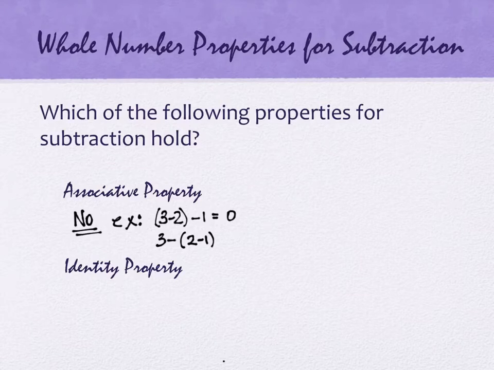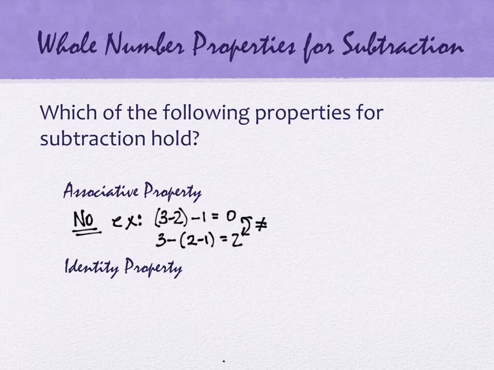On the second one, what's 2 minus 1? 1, and then I have 3 minus that 1 to give me a 2. They're both whole numbers on this one example, right? But they're not equal. And that's what they would have to be in order for the associative property to have held. And the last one is the identity property.